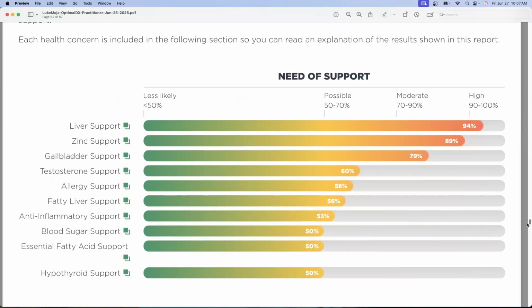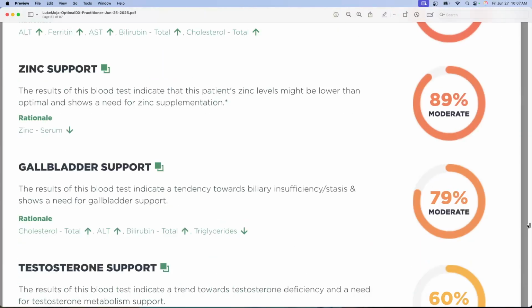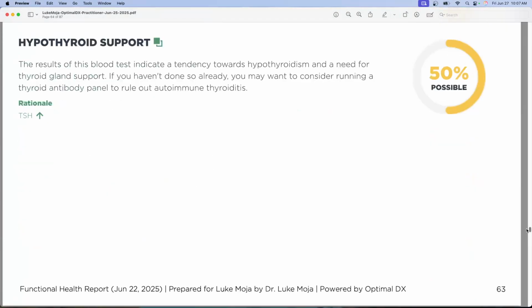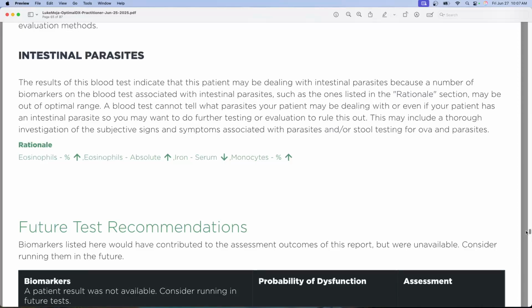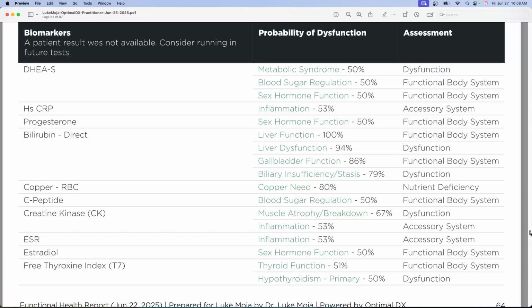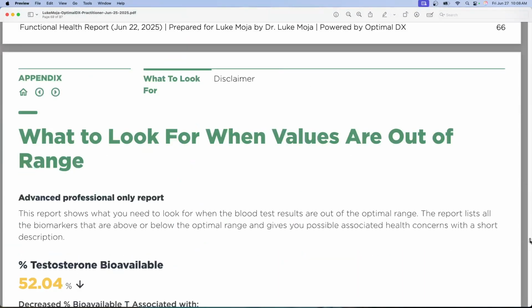So this, again, is just health concerns, potential of that. Again, the liver's the main thing that they're showing me there. So you can see all the numbers. Further testing, so they have recommendations for other things we can run to give us more information. And the bottom's just the appendix.